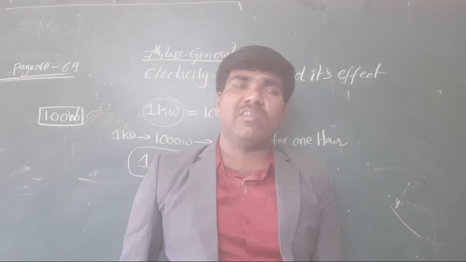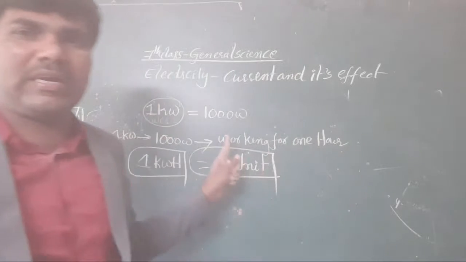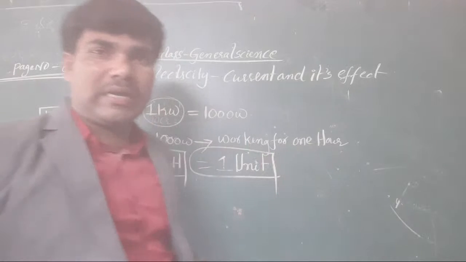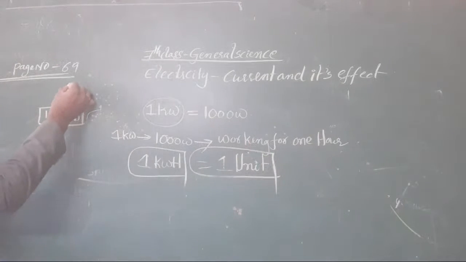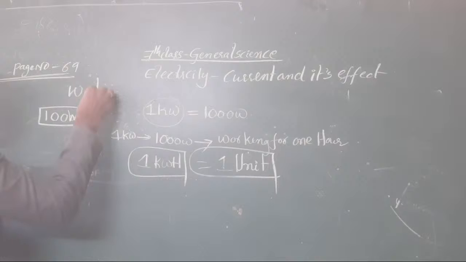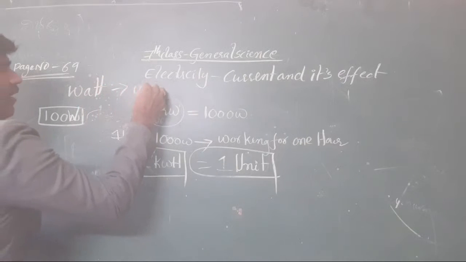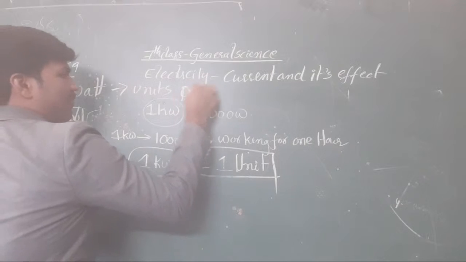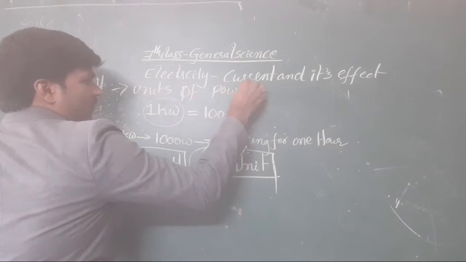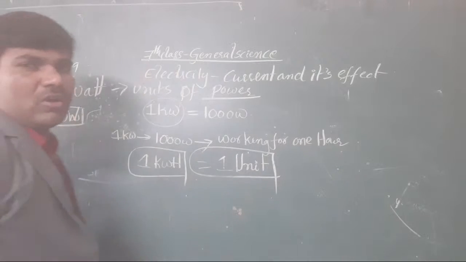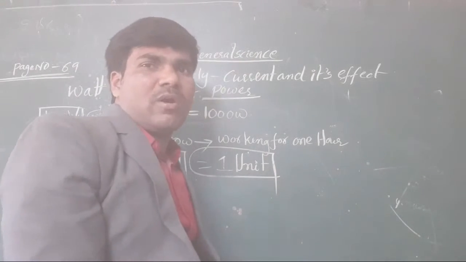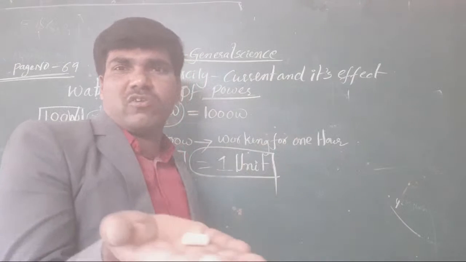It is only a simple thing. The work done per unit time is called what? Watt. The watt is the unit of power. You studied power in your 9th class, but it is a simple thing. You already know force, you already know work. Automatically, when we apply force on a body, it moves. Now, the chalk piece is there.